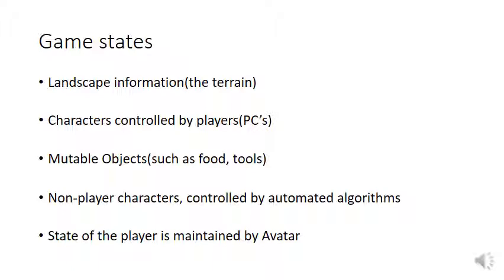And then we have some mutable objects such as supplies, food, life, or some usable weapons. And then we have some non-player characters such as automated game characters. They have been given some role and they are there to help with the narration of the story or just help you with the game.